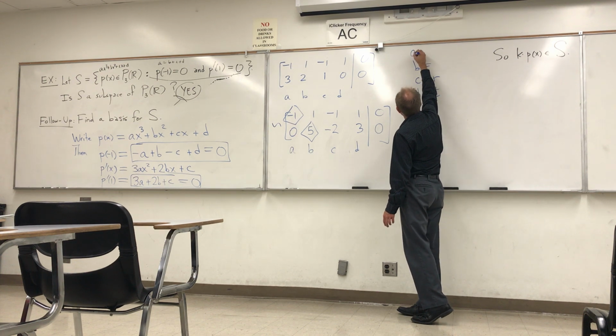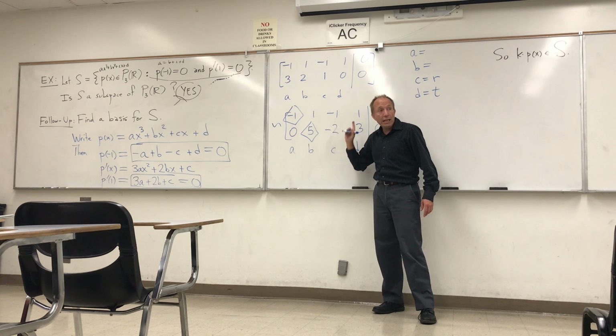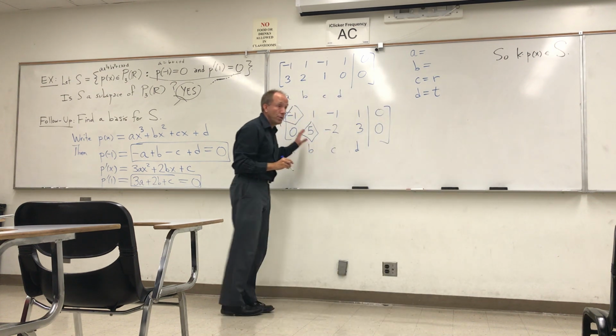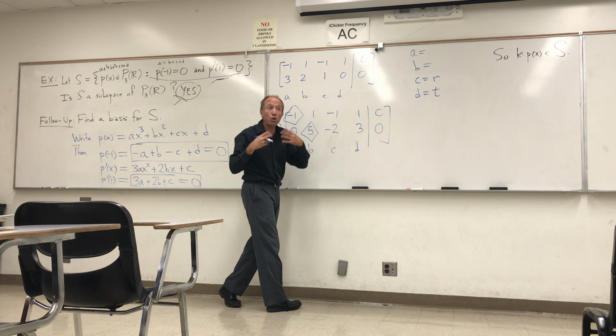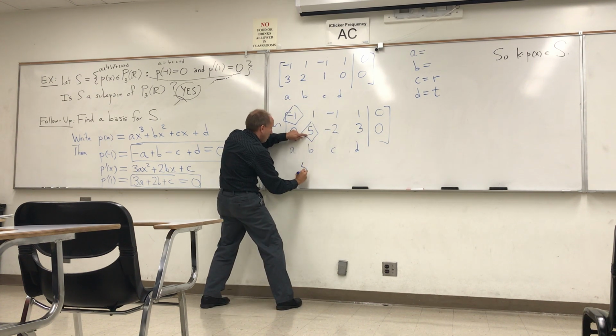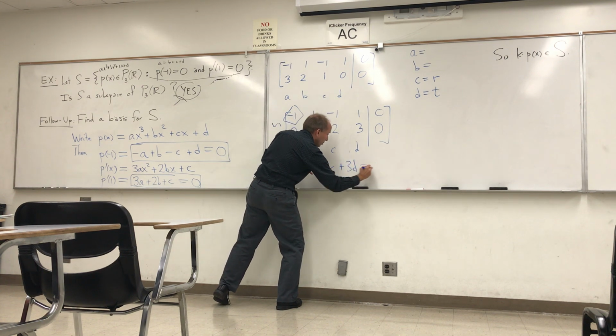So let's start with the B variable. If you need to, and I would actually recommend that this is a very good idea, take the second row and rewrite it again as an equation. What does it say? 5b minus 2c plus 3d equals 0.